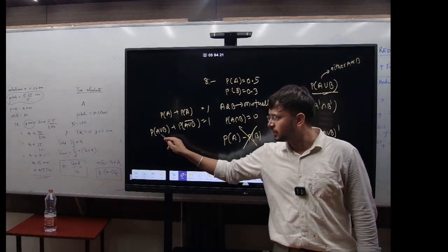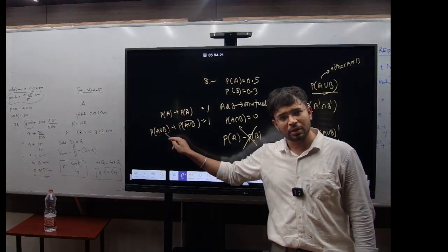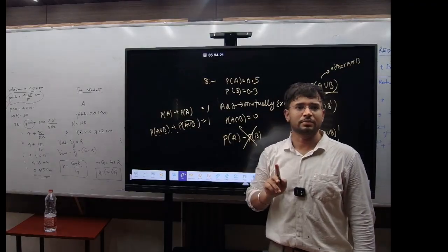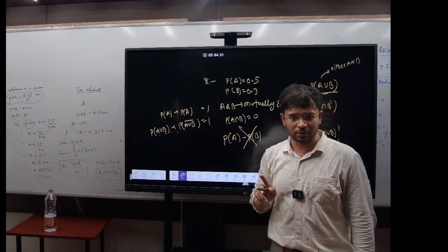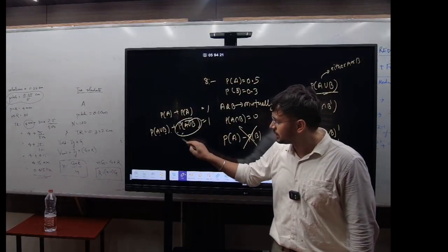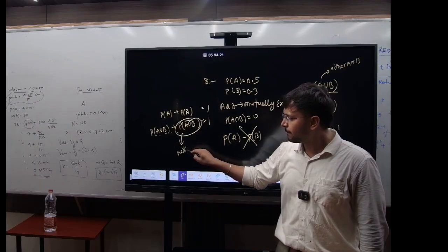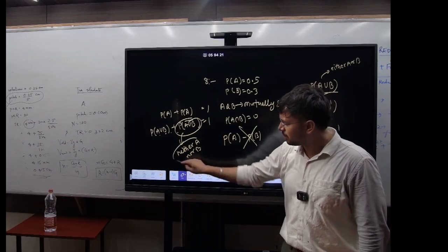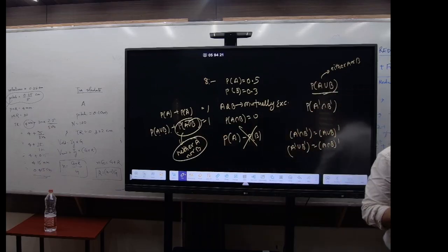This means probability of either A or B to occur plus probability of neither A nor B to occur is equal to 1. So this also means neither A nor B. Try to remember this because a lot of questions will come.